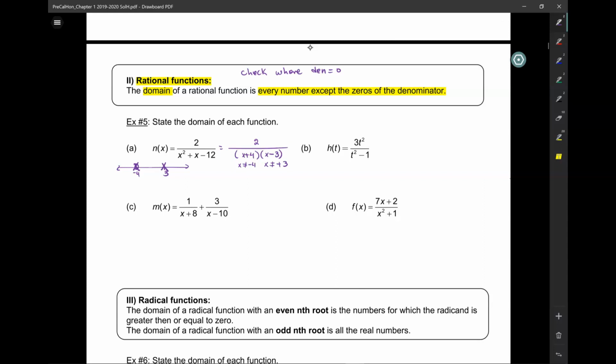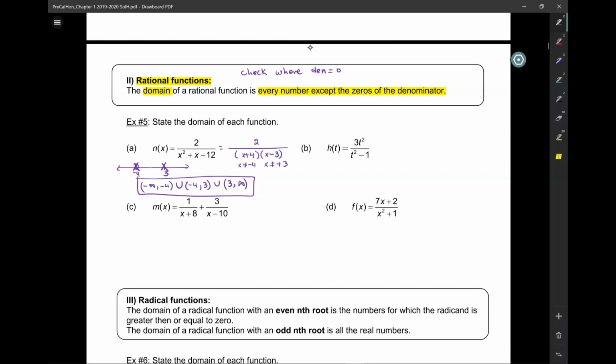So the way we write it in interval notation is, we say -infinity to -4, union, -4 to 3, union, 3 to infinity. That's the domain. Yeah, we always go smaller to bigger.